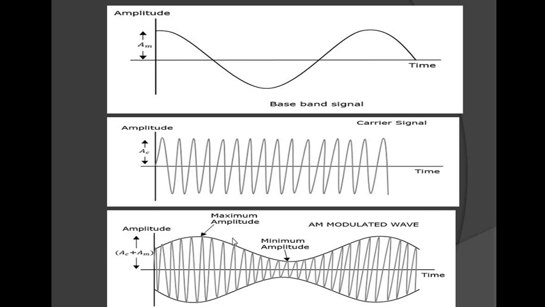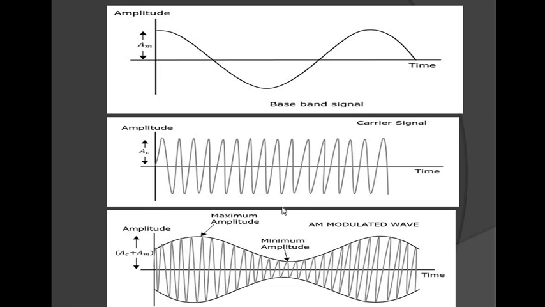This is your maximum amplitude, and here we have the minimum amplitude. This whole shape is called the envelope of the wave.